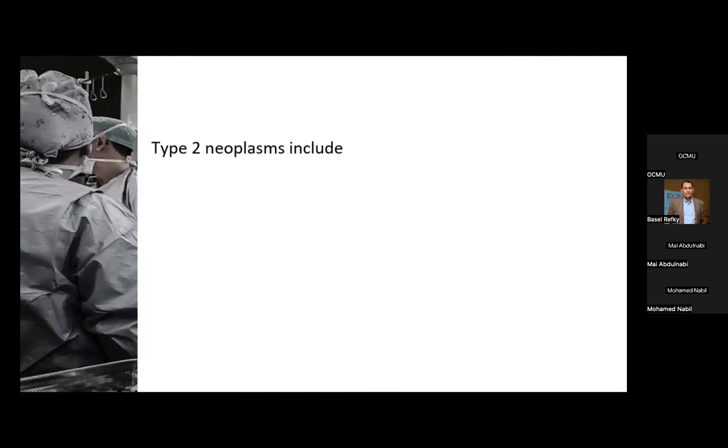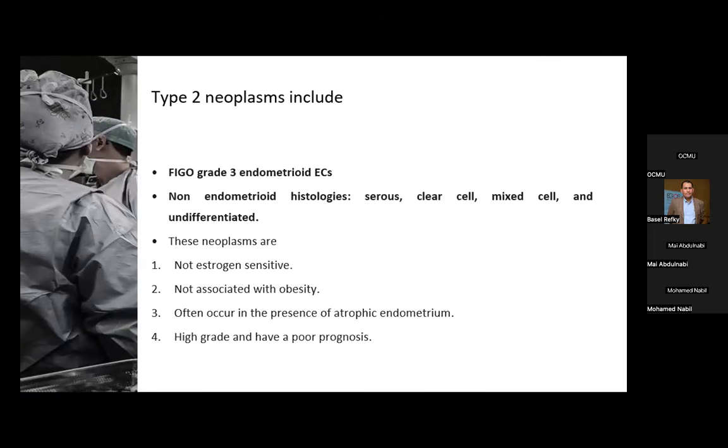The type 2 neoplasms include the FIGO grade 3 endometrial cancers, non-endometrioid histologies like the serous, the clear cell, the mixed cell, the undifferentiated, and the carcinosarcoma. These neoplasms are mostly not estrogen sensitive, not associated with obesity, often occur in the presence of atrophic endometrium, are high grade, and have poorer prognosis.